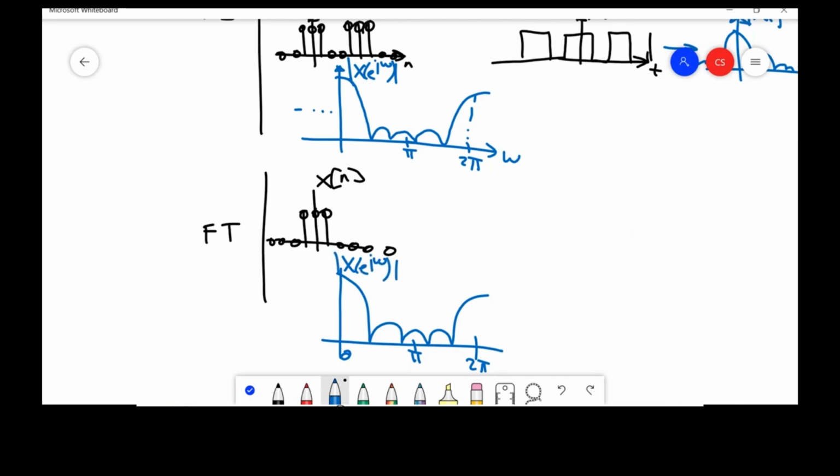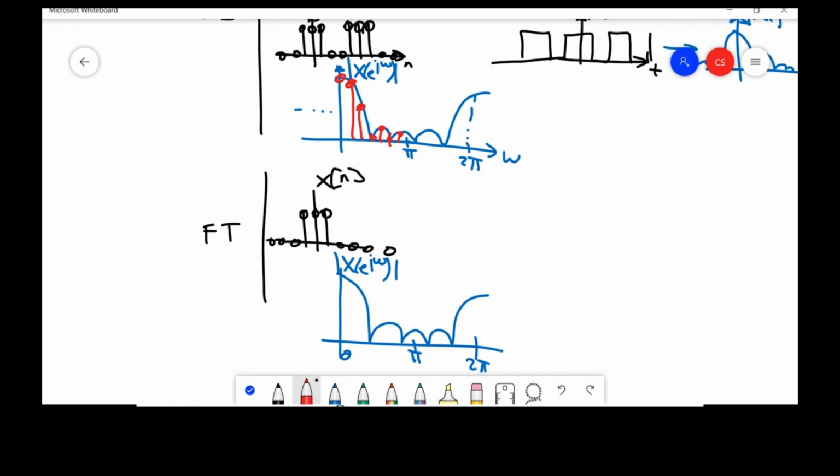Okay, so then what is the difference between the two? The difference is that this one is sampled. So this one comes from sampling this one at given frequencies. And the number of frequencies is related to the periodicity. I don't want to enter into that. How many samples you have here depends on the period of this signal and so on.